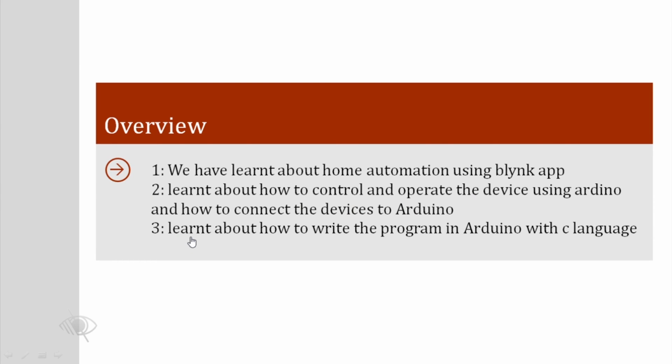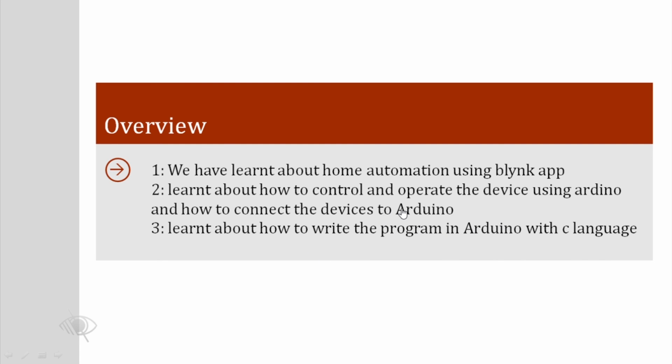So that is the demo video. This is the overview of what we have learnt throughout the Emertex internship. First of all, we have learnt about home automation using the Blynk app, where we controlled the home devices using the Blynk app. For this control we required some C language basics, and this we also learnt in this internship.